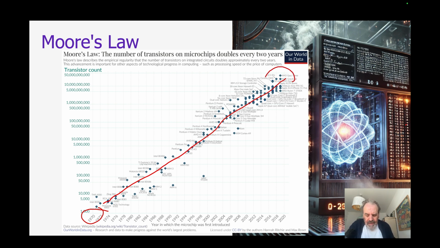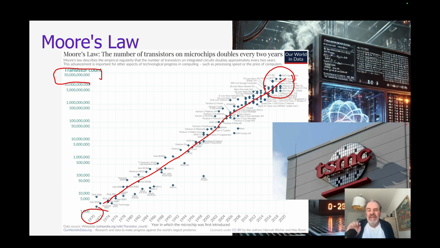So here we are up here with our modern processor with 50 billion transistors on the device. But unfortunately, we've hit the limit as to the size of the transistors that we can have.